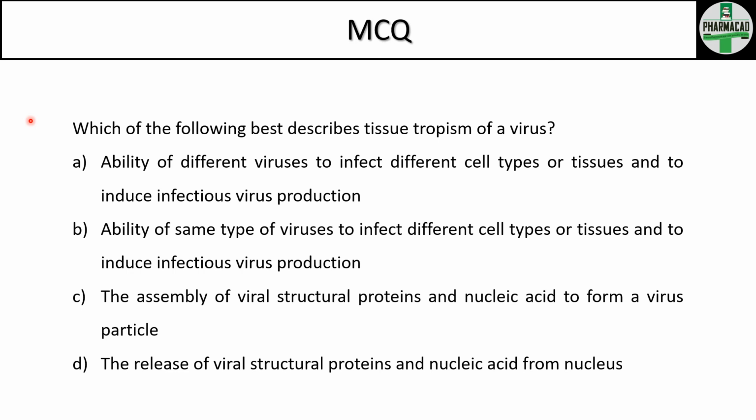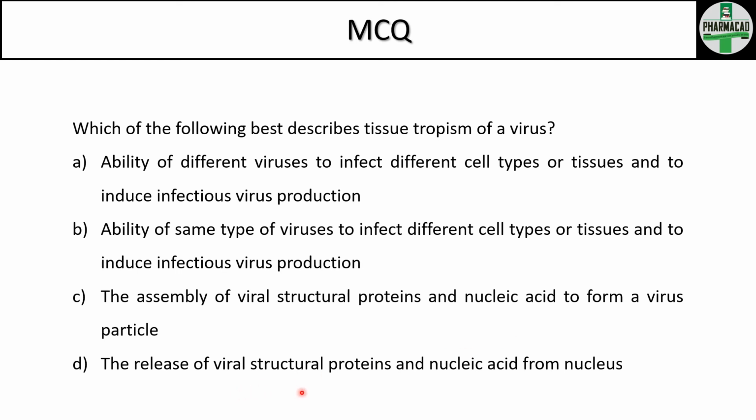Which of the following best describes tissue tropism of a virus? A: Ability of different viruses to infect different cell types or tissues and to induce infectious virus production. B: Ability of same type of viruses to infect different cell types or tissues and to induce infectious virus production. C: The assembly of viral proteins and nucleic acid to form a viral particle.